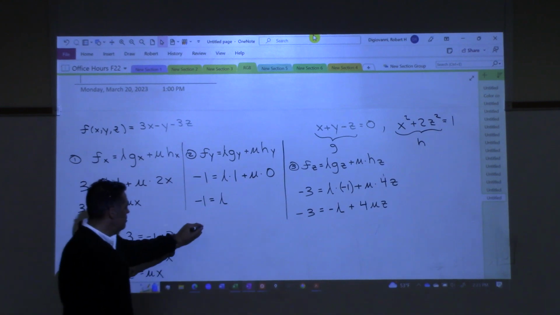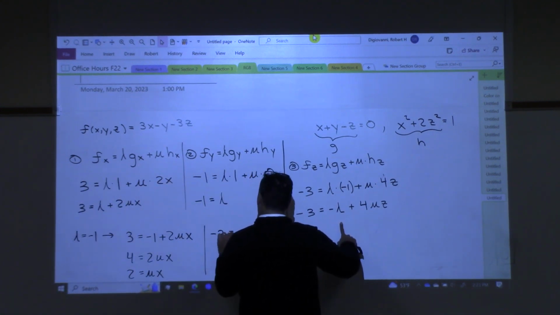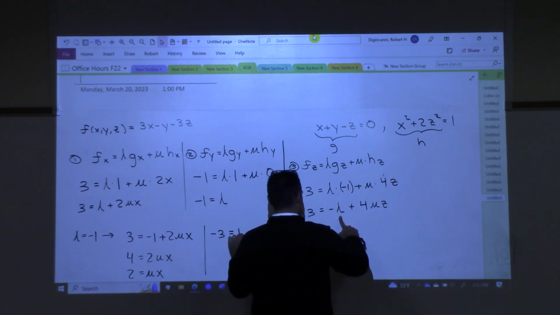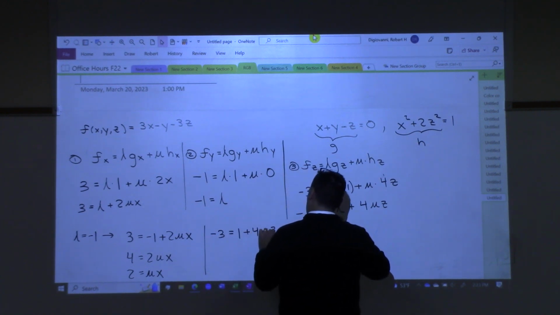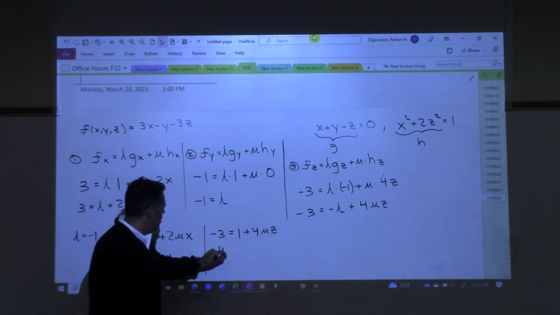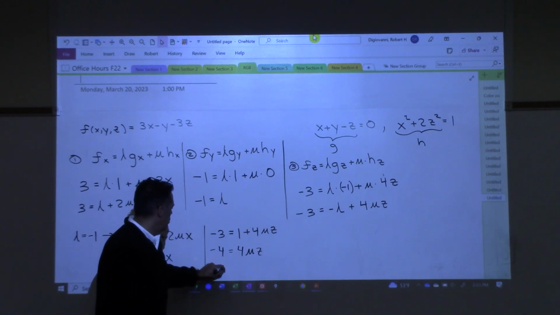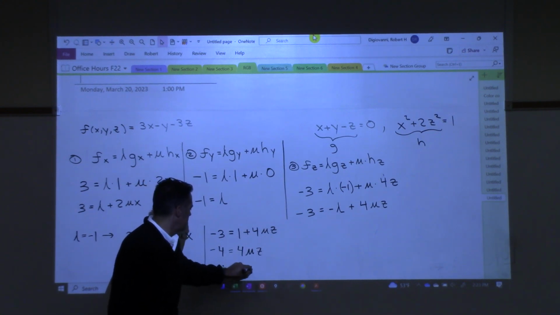And then also, this one over here, if lambda is -1 here, it's going to be negative is plus 4 mu z. Subtract, so you get -4 equals 4 mu z. Divide, -1 equals mu z.